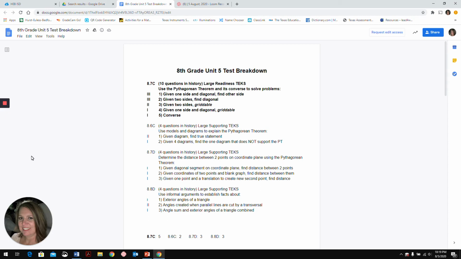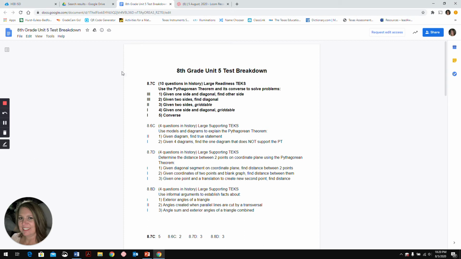We are tasked with teaching all of these TEKS, but at the end of the year, when our students have to prove their knowledge, they have to do it through the STAR test. And so we want to make sure that we have covered everything in a way that will best prepare students to prove their knowledge. So that's what this document was intended to help us with.